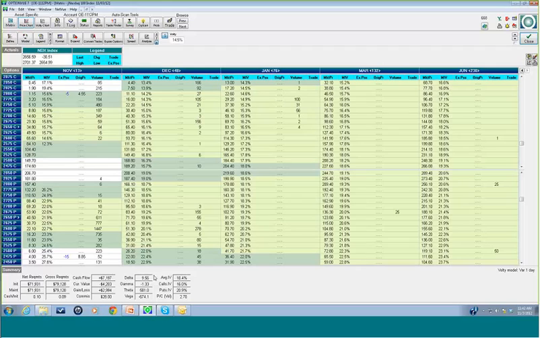Basically, down here at delta, this position that I have here in the NASDAQ 100, my delta is long 9.56. Basically, that means that my position is going to gain $9.56 for every 1 point up move in the NASDAQ.